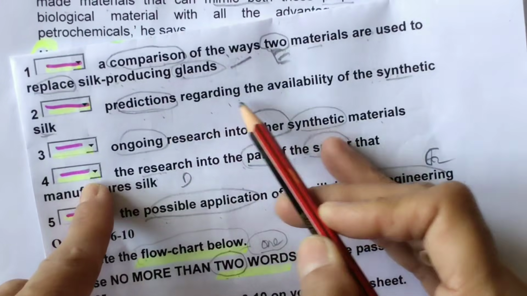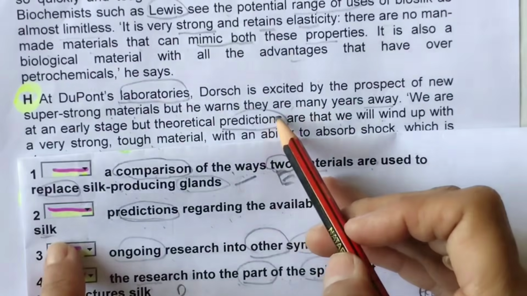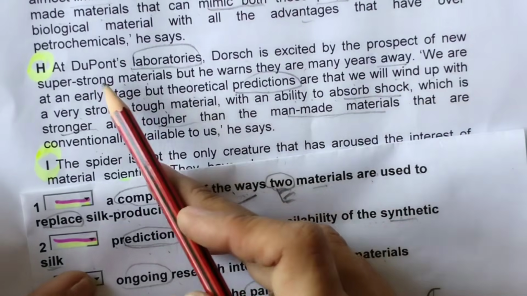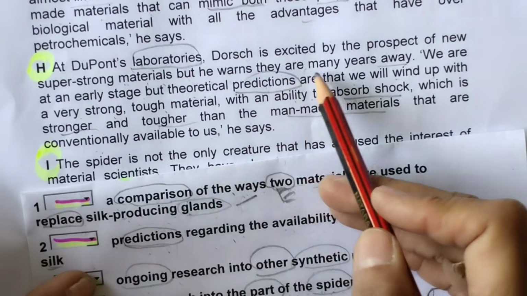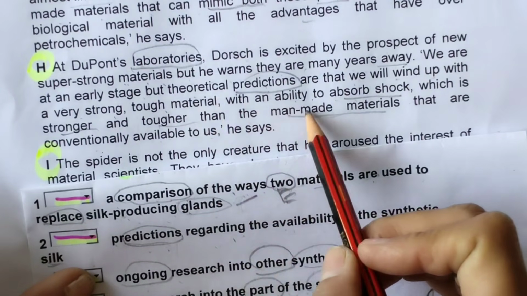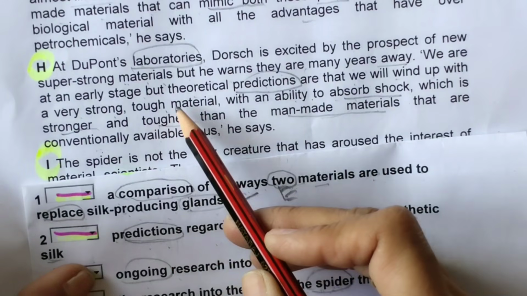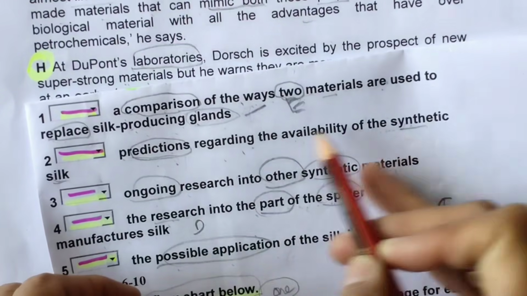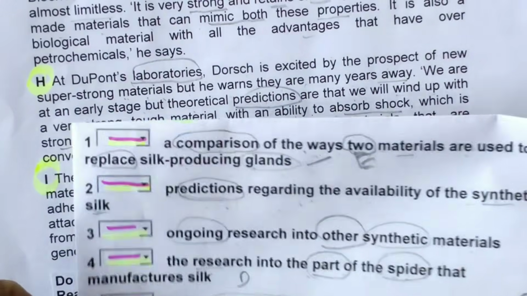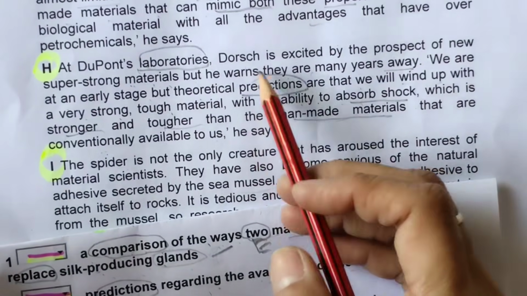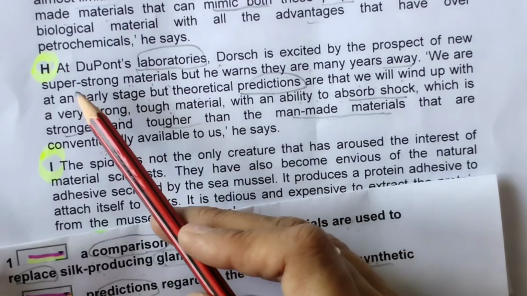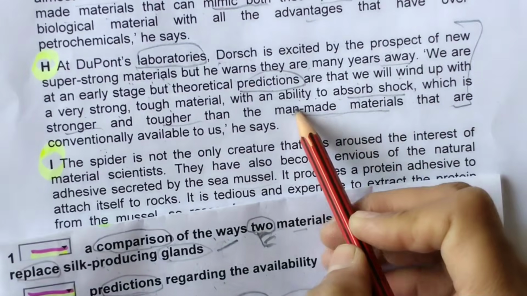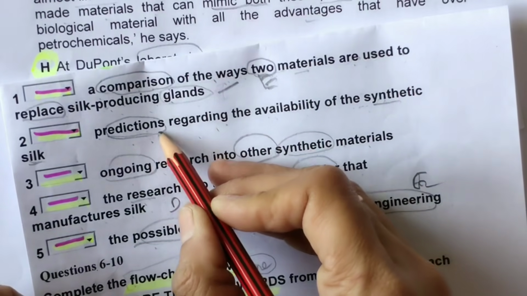So prediction regarding the availability of synthetic silk, they are talking about synthetic silk, new super strong materials that are many years away. Yes, of course, laboratories, prospect of new super strong materials. So here we can select this H number with predictions.